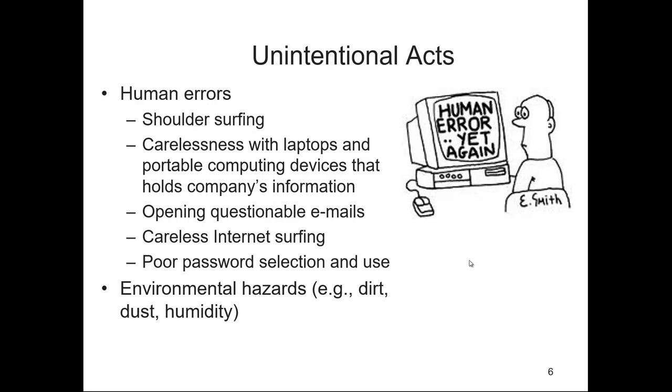It could also include the carelessness with laptops and portable computing devices that hold companies' information, also explained in a later slide. It could include opening questionable email from a spam source, which might be phishing for personal information, and we will address the concept of phishing in a later slide.